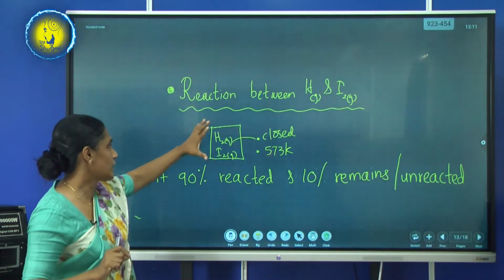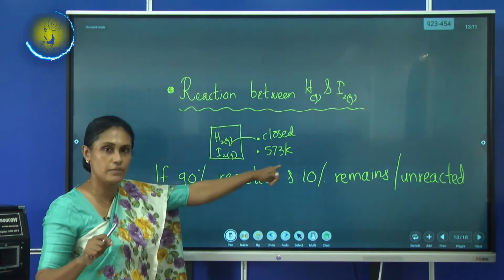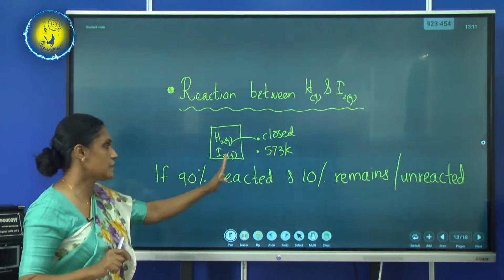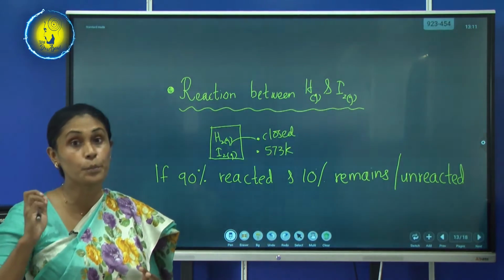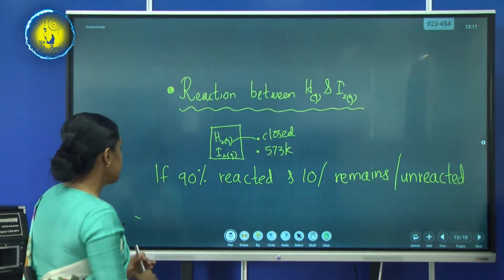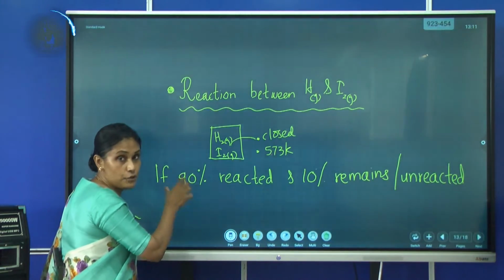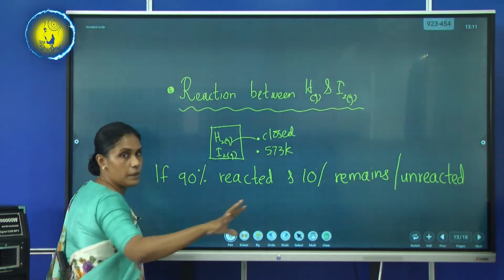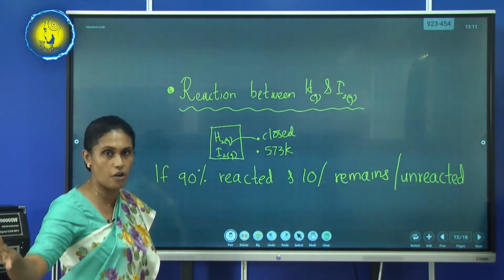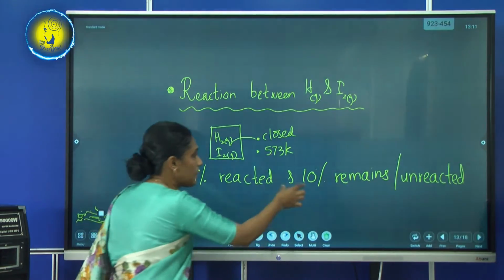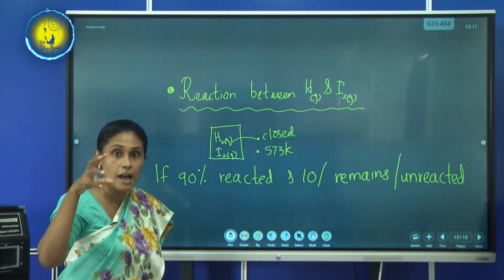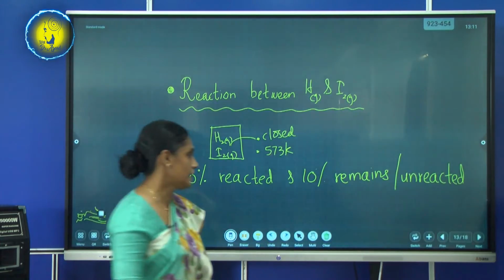We took a closed container, and we gave the temperature, and though you kept it for a long time, this won't proceed. Why? Because it reacted up to 90% and 10% is remaining, and though you kept it for a long time, I am repeating once again, this 10% won't start to react, right?